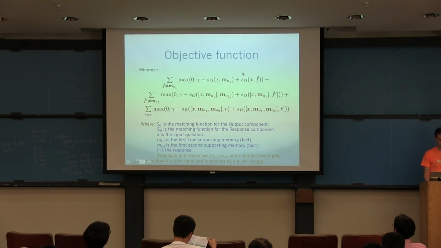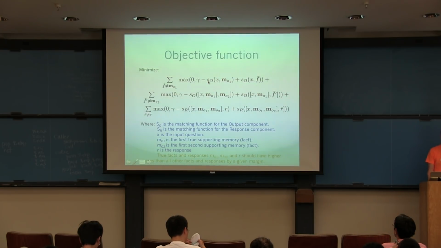It says that the matching function SO, which takes in the left-hand side, right-hand side, the question X, and the true supporting fact MO1 here, should be larger by a margin gamma than the match with any other fact F bar, which is basically anything else from your memory.